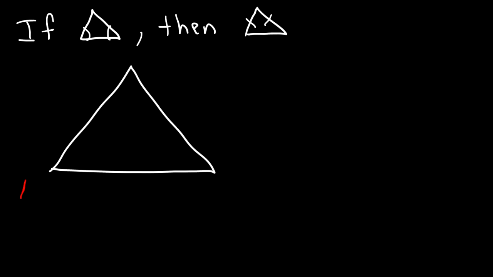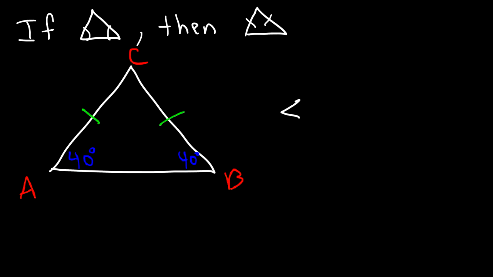Let's say this is A, B, and C. So if angle A is 40 degrees, and if angle B is 40, then that means that these two sides, which are opposite to A and B, are congruent. Opposite to A is side BC, and opposite to angle B is side AC. The opposite sides are congruent.